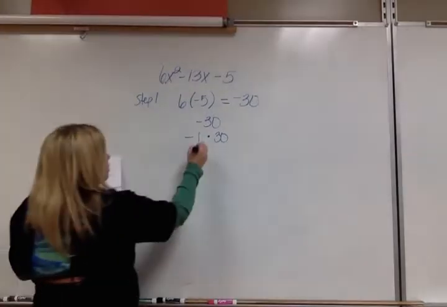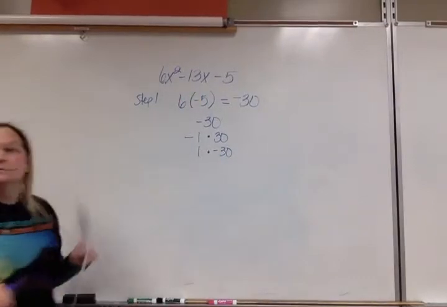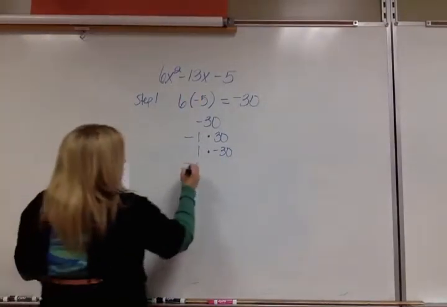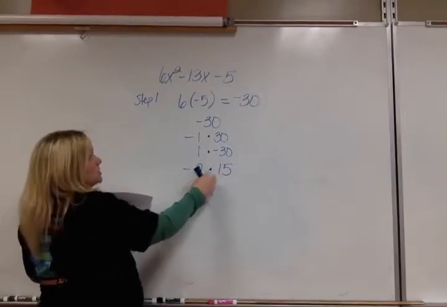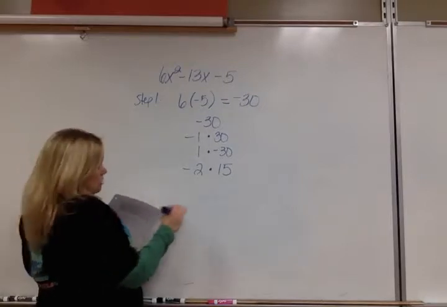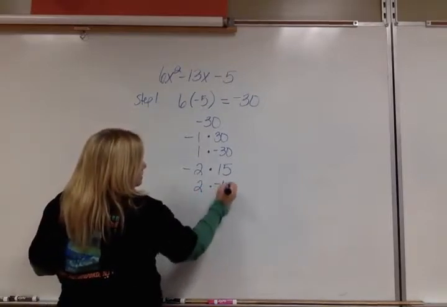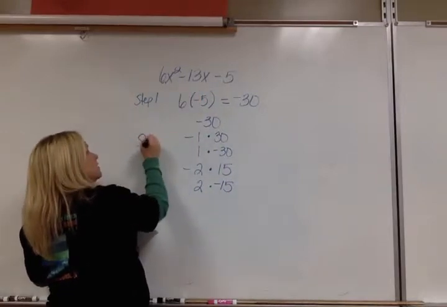No. All right, so what about a 1 and a negative 30? Is that going to give me a negative 13? No. Negative 2 times 15. That's another pair of factors. Is that going to give me a negative 13? No.